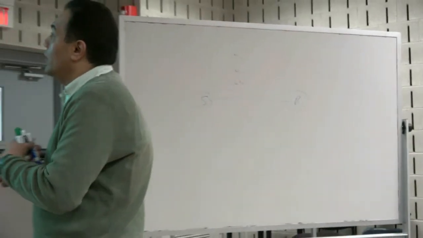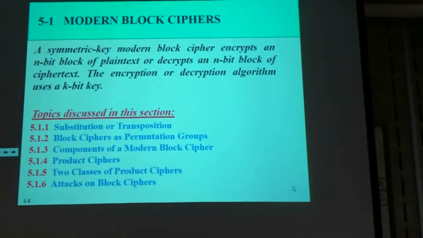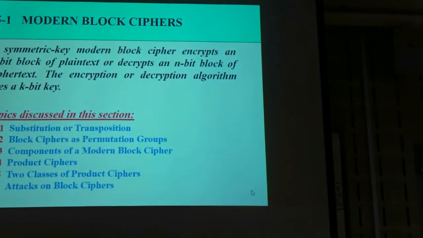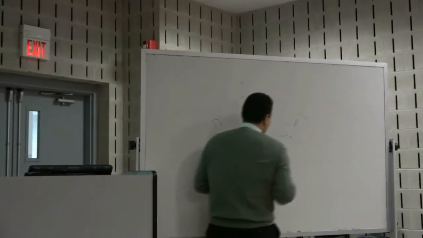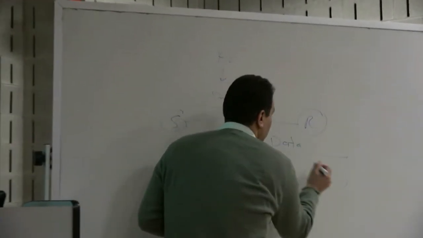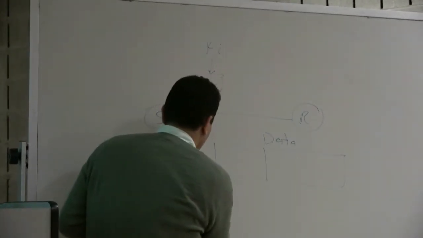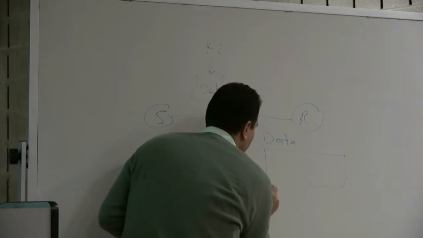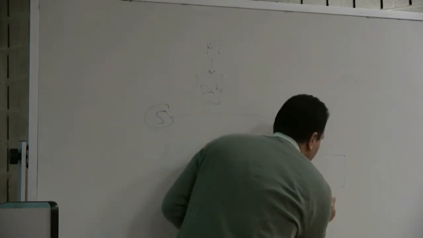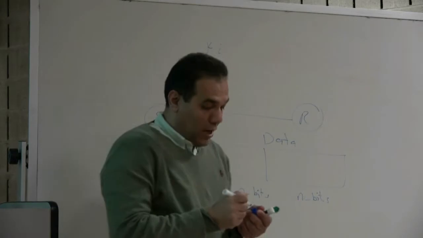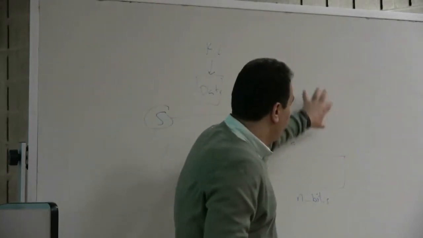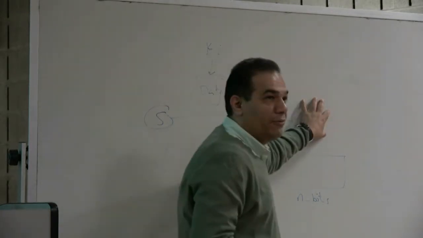So we're talking about symmetric key where we have n-bit blocks. Usually you have long data, whatever the data is, and we divide it into blocks of n bits each. Then you encrypt the block and send it. The receiver receives the block and decrypts it.